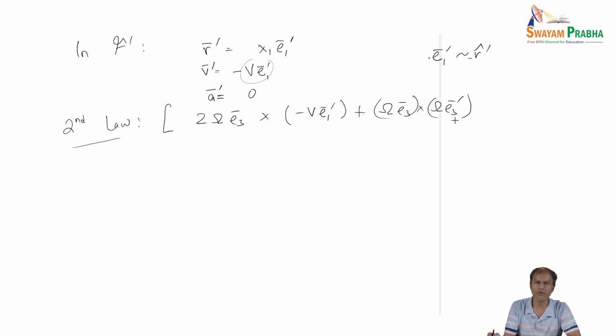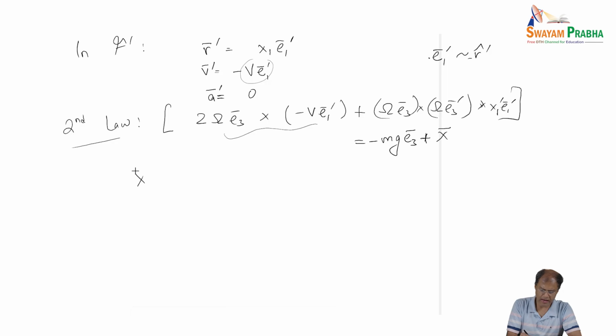So this is the centrifugal term which I am writing, and the first term is the Coriolis term. So this is also equal to minus mg E3 plus x.